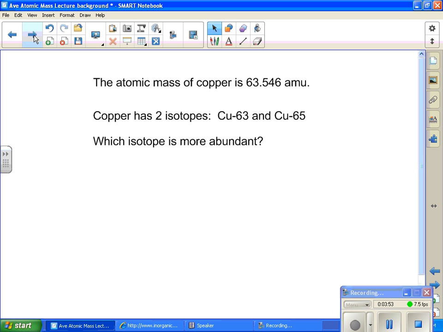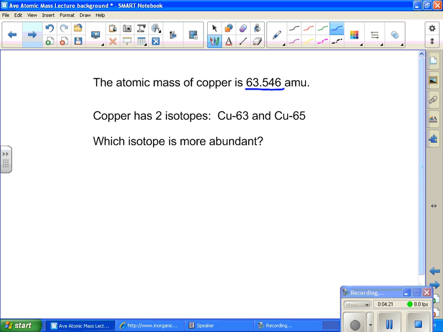Now let's get back to the elements. Copper has an atomic mass of 63.546 atomic mass units, AMU. Copper has two isotopes, copper 63 and copper 65. Which isotope is more abundant? Well, let's look at this average atomic mass, this weighted average here.